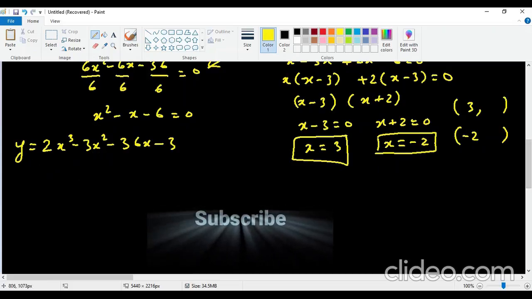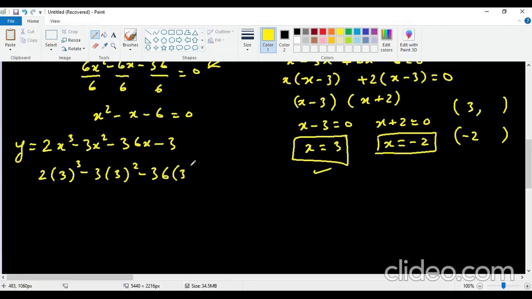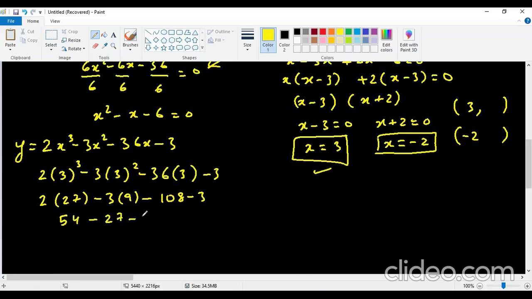We will find the value of y using this equation. First of all, I'm using 3 here. That means 2 times 3 cube minus 3 times 3 square minus 36 times 3 and minus 3. So this is going to give us 2 times 27 minus 3 times 9 minus 36 times 3, which is 108 minus 3.